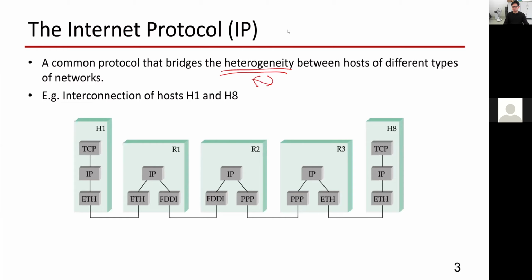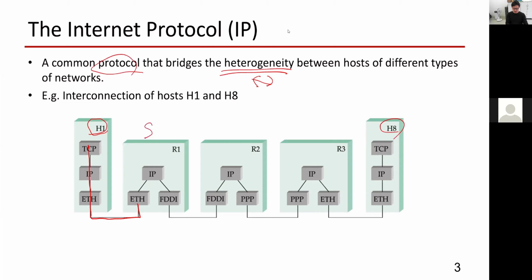So how do they connect? As long as they follow the common protocol, which we call IP, then it is connectable. Even with completely different policies and completely different devices, we're still able to connect. So let's say from host 1 to host 8, they go through TCP, IP, and Ethernet connected by router 1.